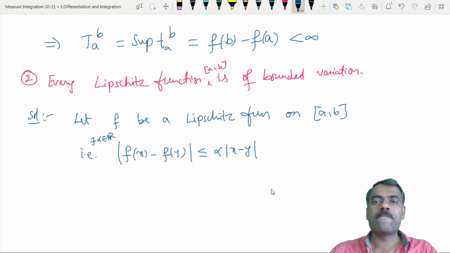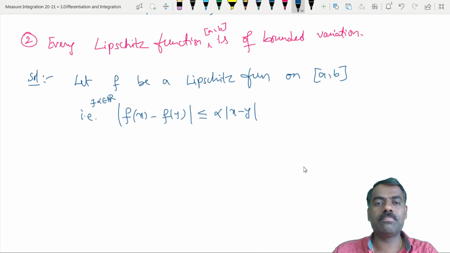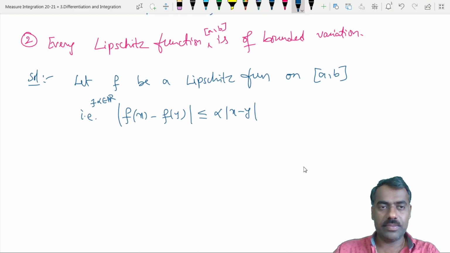When we say that some function is Lipschitz, whenever a function satisfies this condition, then we say that it is Lipschitz. In a basic real analysis course, you have this definition, right?